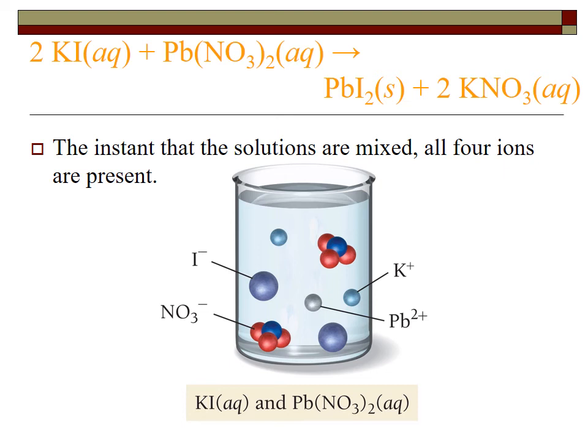Like charges repel one another. So the potassium and the lead would never be joined together because they are both the same charge. They are cations. Likewise, the iodide would never be attracted to the nitrate because they are both anions. So that's the cation-anion exchange. That's why the potassium is interested in the nitrate and the lead is interested in the iodide.